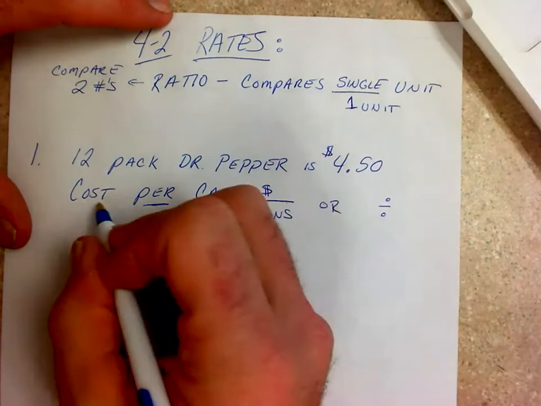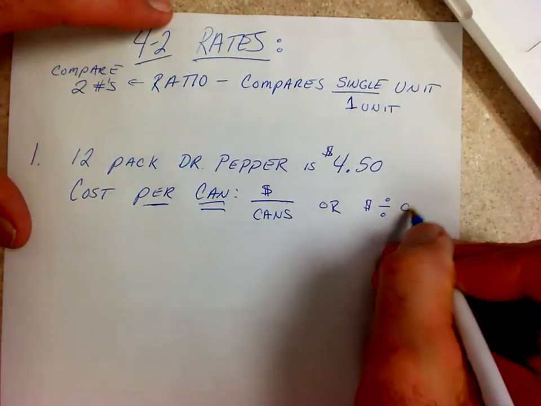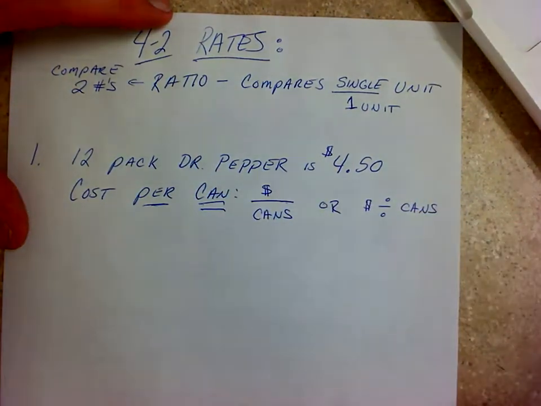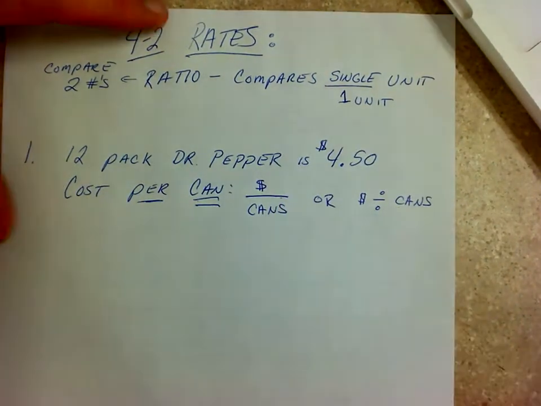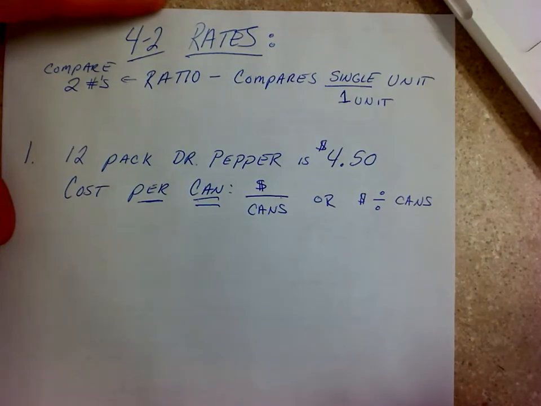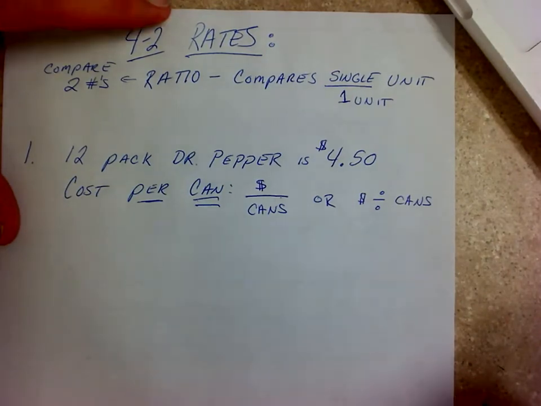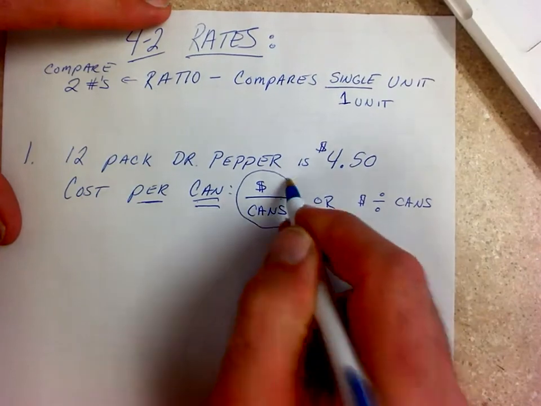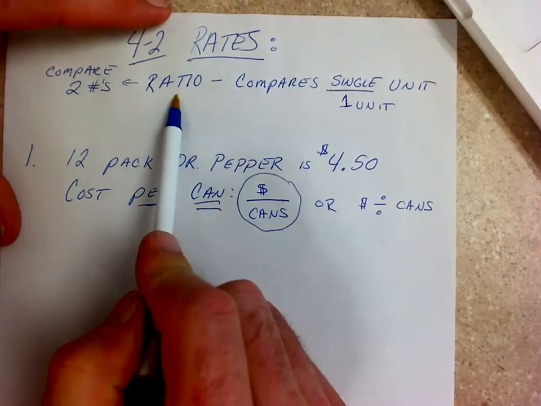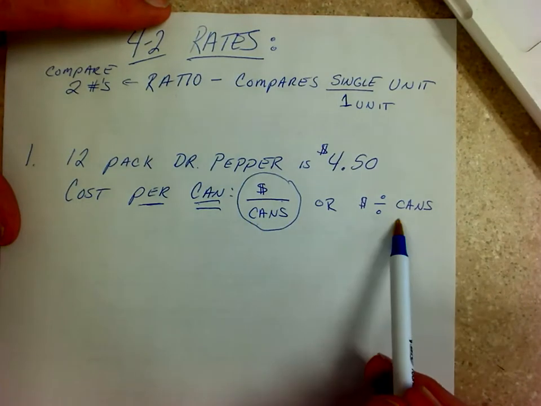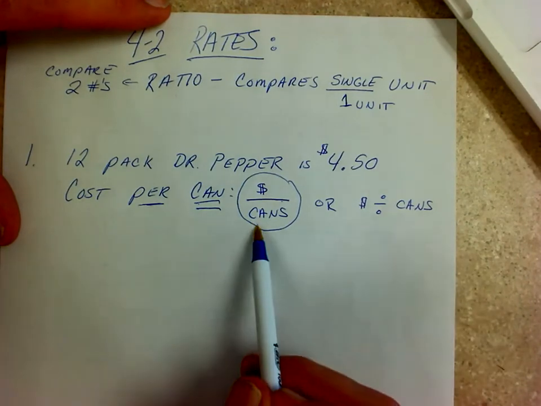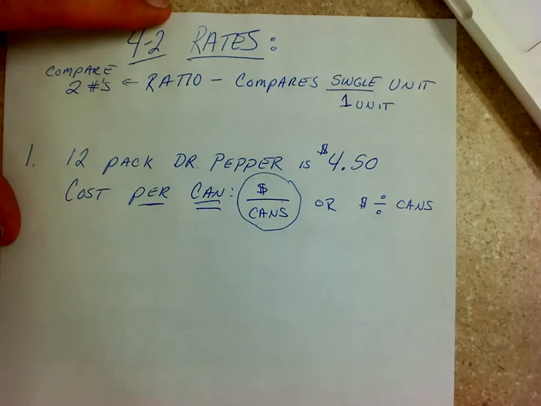Money is in front, cans is after. Regardless of which division sign you choose, they both take you to the same spot as long as you use division. This is the preferred version because we are dealing with ratios; it already gets it in ratio form. This one does not.